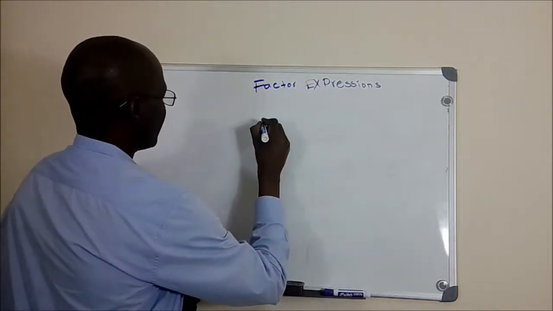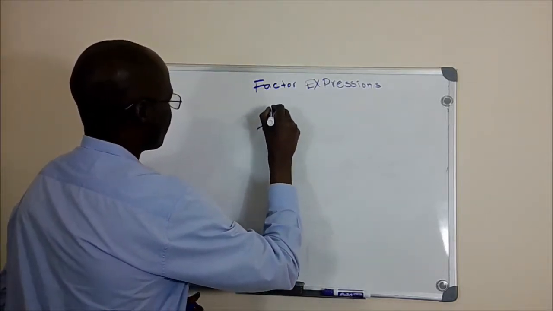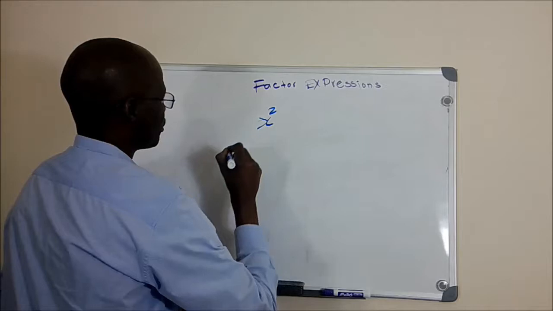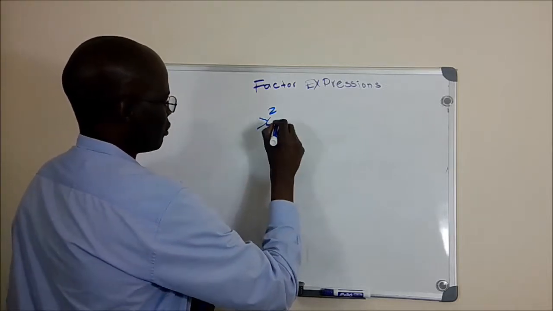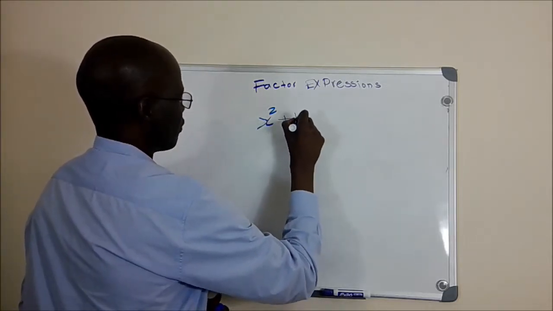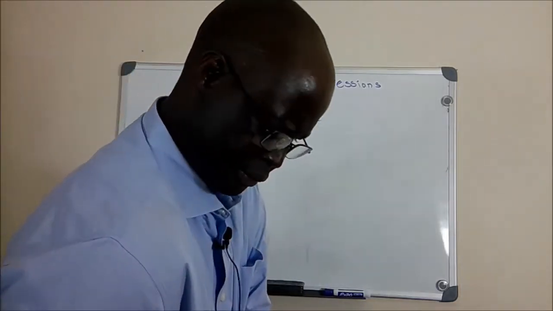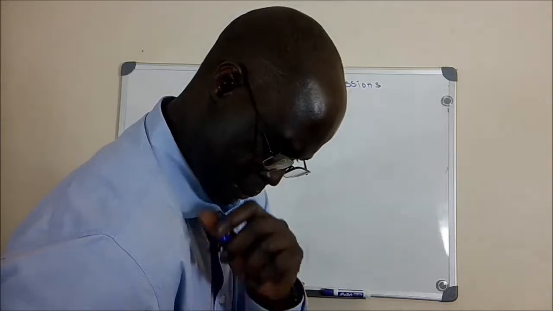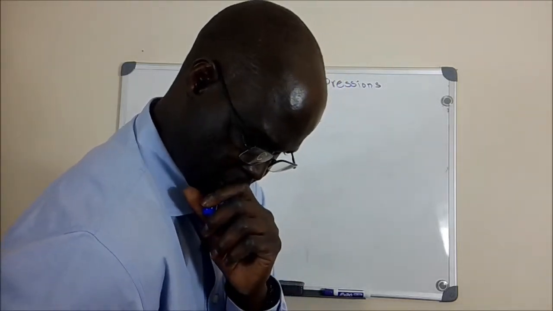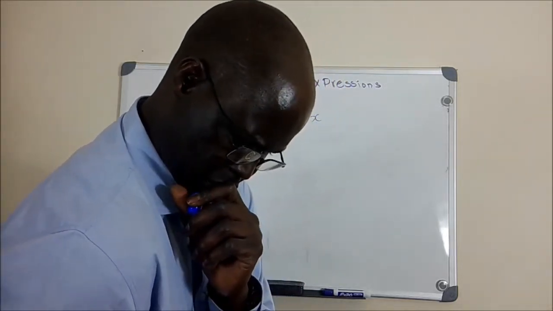So if we have x power 2, my handwriting is bad, so that's x, x should be minus 25.